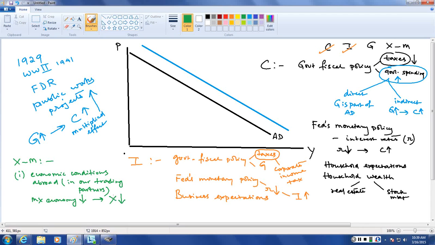So with a reduction in our exports, of course, that means that our net exports shall fall, because a fall in X causes a fall in X minus M. Right? On the other hand, if there is an economic boom in Mexico, if the Mexican economy does very well, well, that is going to cause our net exports to go up, because they would shop more here.